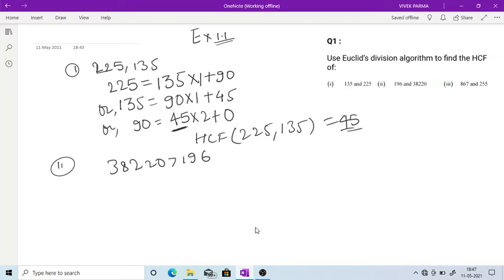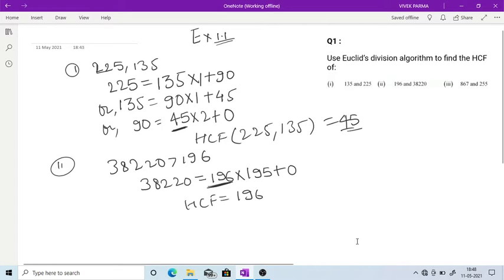So here we have 38220 equals 196, right? And this will divide 195 times completely, leaving 0 as remainder, right? That means in this case HCF will be 196, right? This will be HCF because here this is the divisor.